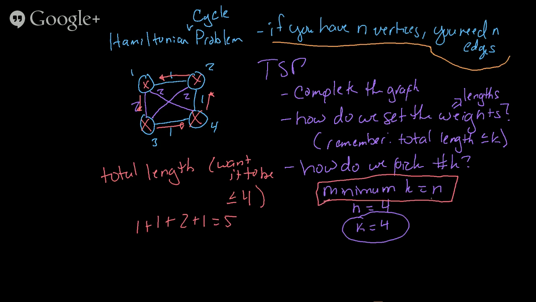So once you pick your k and you've set all your lengths, then you just run through and see, is there a cycle in the graph that visits each vertex exactly once, starts and stops at the same vertex, and has a total length or weight of less than or equal to your k. Once you have that answer, you will have the answer to if there is a Hamiltonian cycle solution or not. So I hope that helps you with number 5.